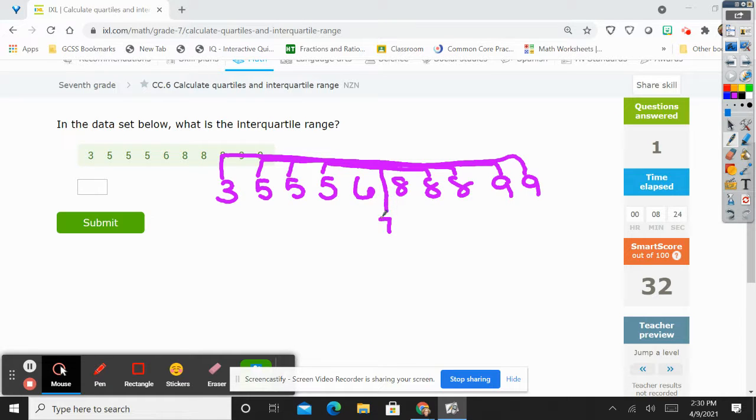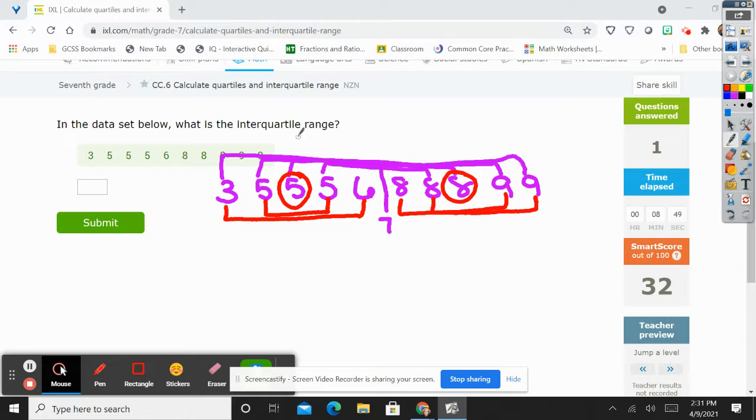Now, they're not asking you for the median, but you need to know what the median is so that you know who to include on the left side and who to include on the right side. So now we're going to find the median of this side, and that is 5. And we're going to find the median of this side, and that is 8.